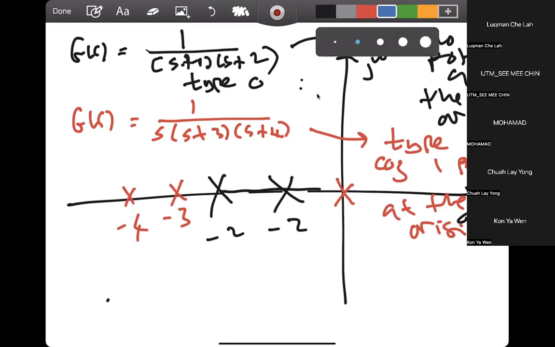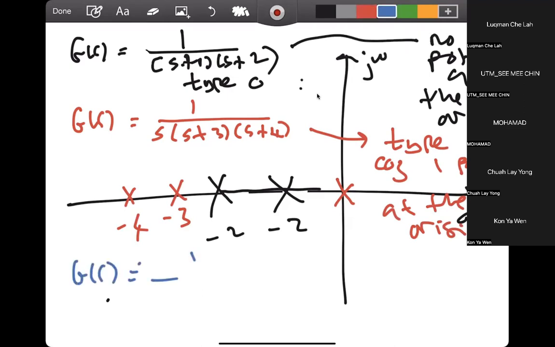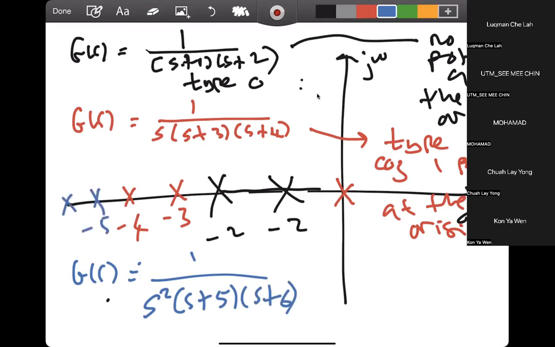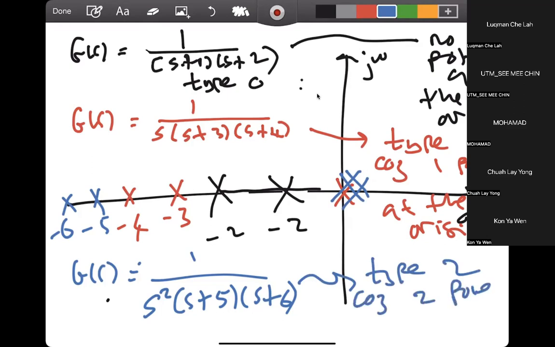And the third type is this one, 1 over s squared, then s minus 5 and s minus 6, and we have a double pole at 0. So this one is type 2 because there are 2 poles at the origin.